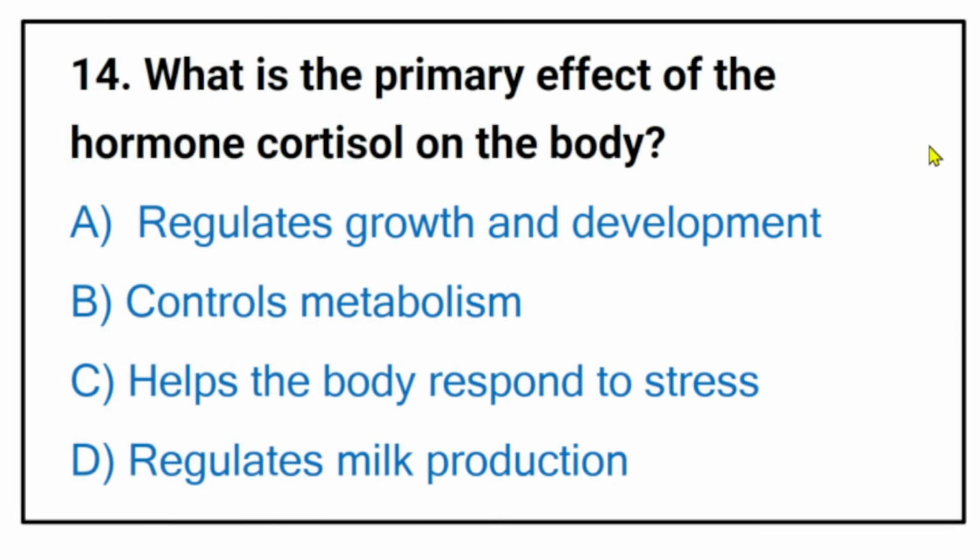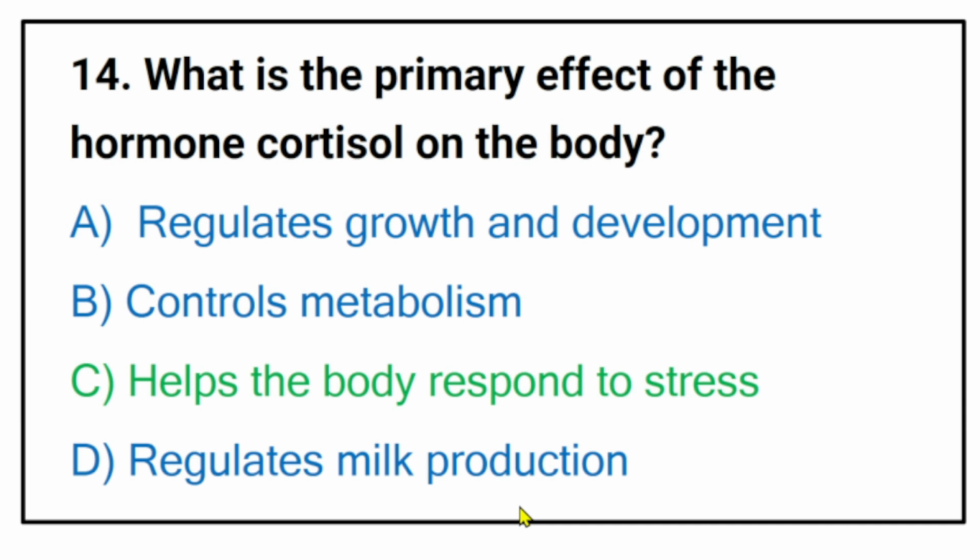14th question, what is the primary effect of the hormone cortisol on the body? It regulates growth and development, controls metabolism, helps the body respond to stress, regulates milk production. So cortisol also helps the body to respond against stress.